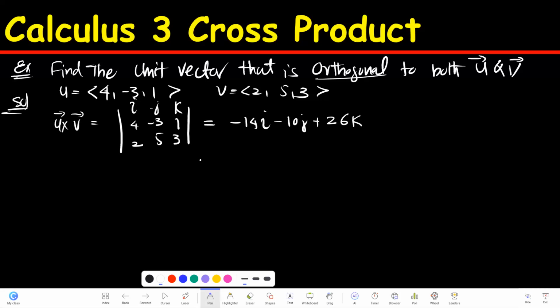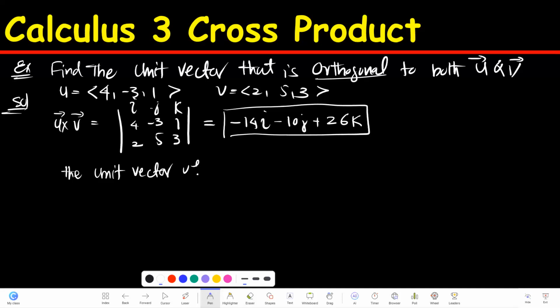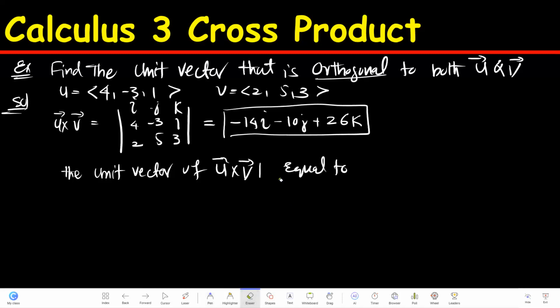So we need to find the unit vector. How do we find the unit vector? The unit vector of u cross v is equal to what?